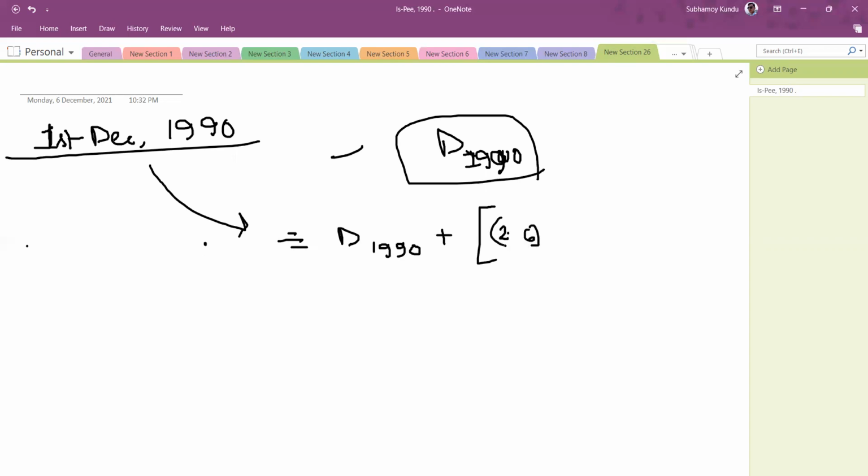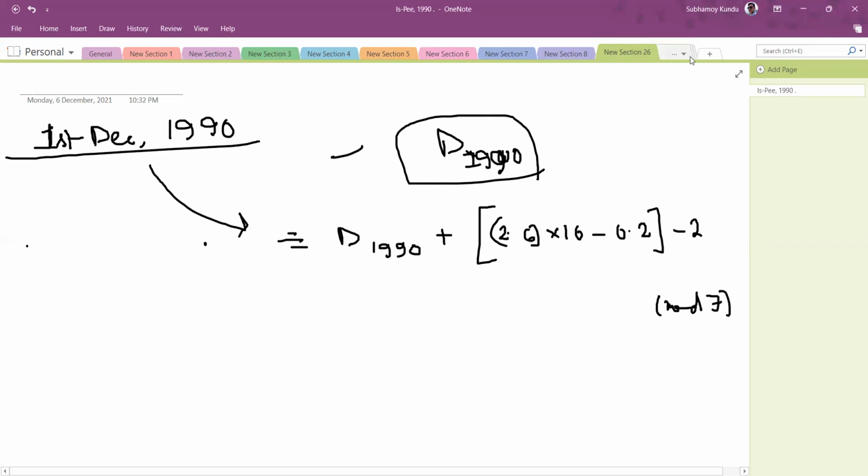December means if March is 1, then December is 10, right? So floor of 2.6 into 10 minus 0.2, minus 2, mod 7.